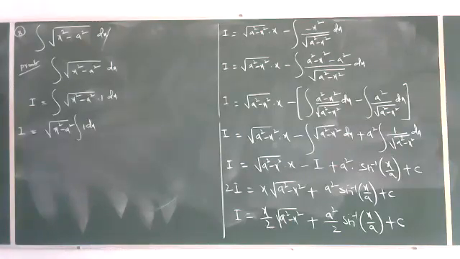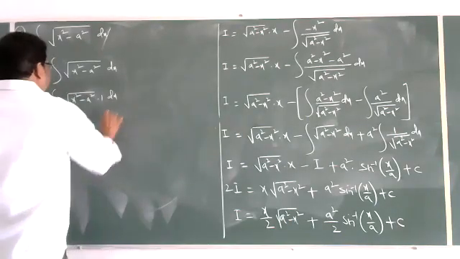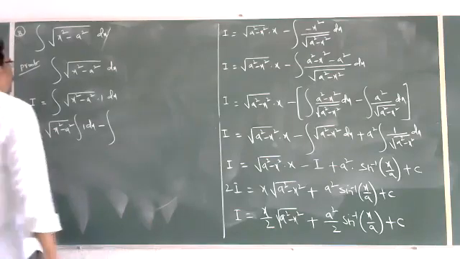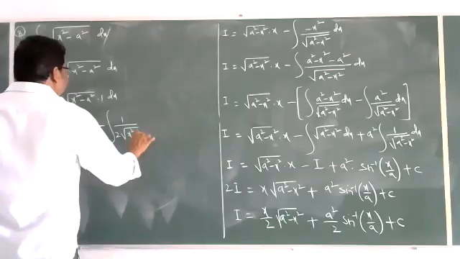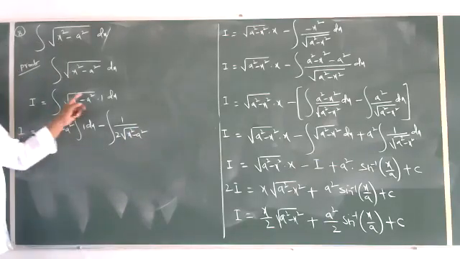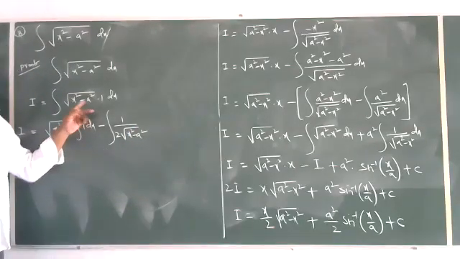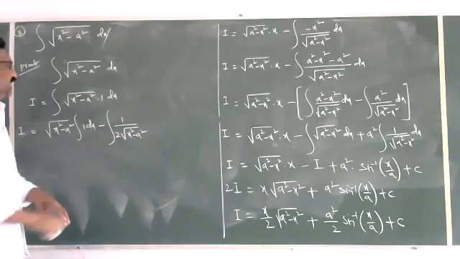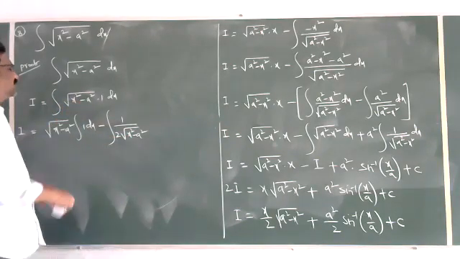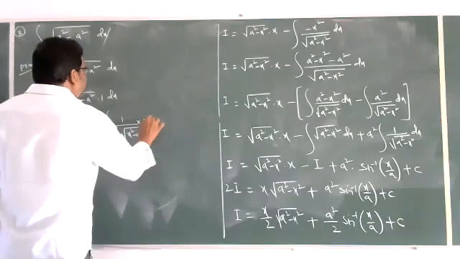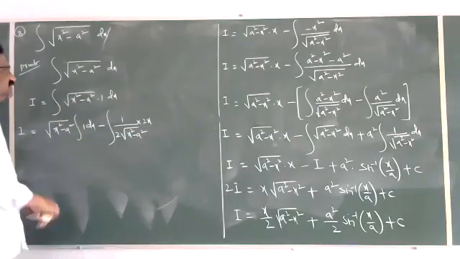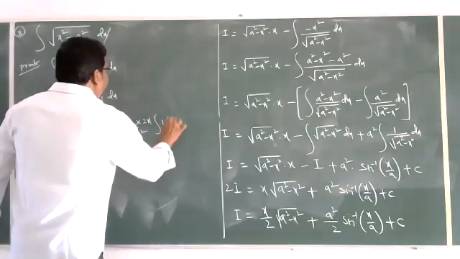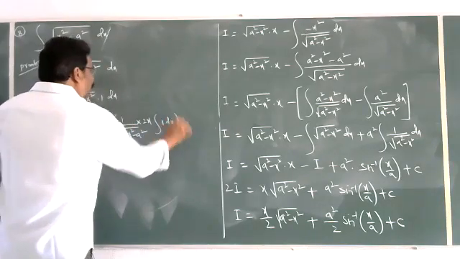First function into integration of second function minus integral of derivative of first function, 1 by 2 root of x square minus a square, into derivative of x square minus a square, which is 2x by using the chain rule. X square derivative is 2x, minus a square derivative is 0, into integration of 1 dx for the whole dx.